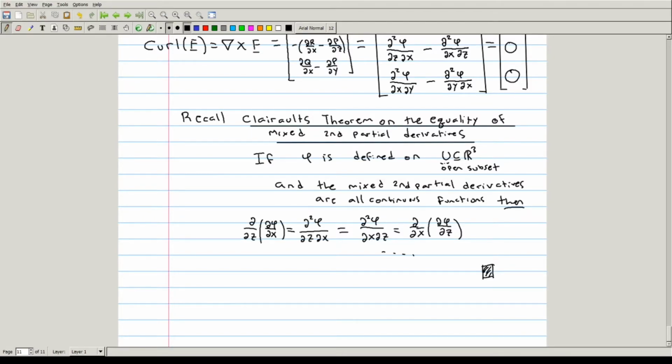Now, this is where you need to be a little bit careful, though. Specifically, the converse holds. The converse of the statement is that if the curl of a vector field is not equal to 0, then F is not conservative.